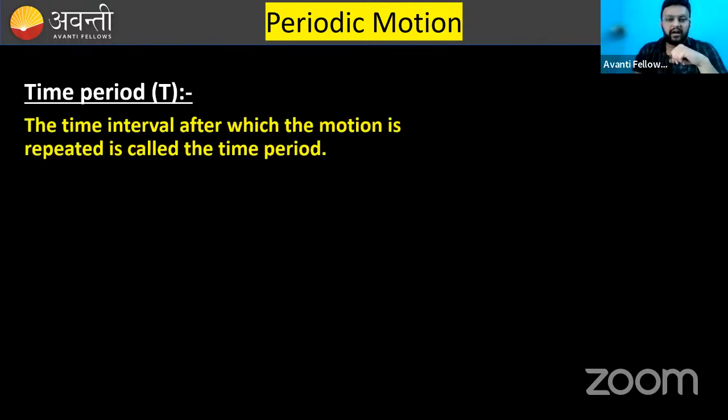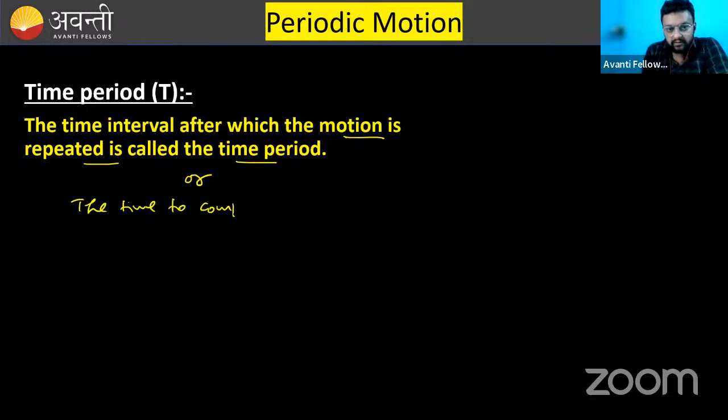The time interval after which the motion is repeated is called time period. Or you can say the time to complete one oscillation is called time period.